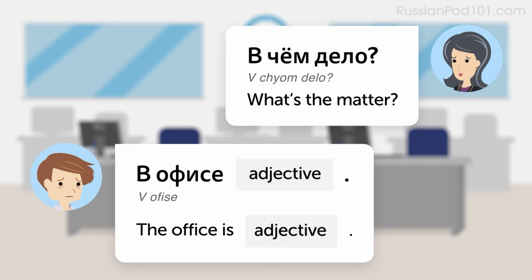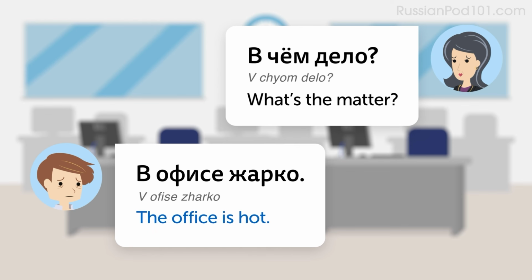The pattern is В офисе, adjective. This Russian sentence literally translates into in the office adjective, but it means the office is adjective in English. For example, the office is hot. В чем дело? В офисе жарко.